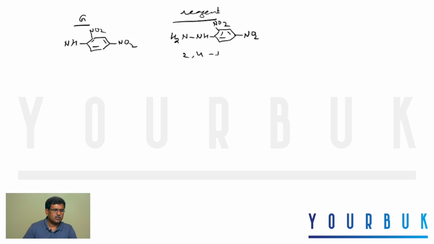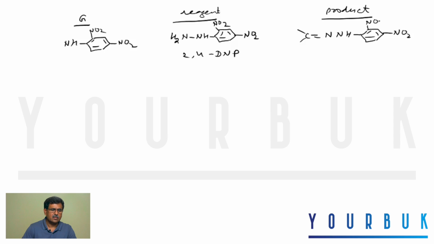Its short form is 2,4-DNP, with which the product obtained is a yellow or orange precipitate. And this formation of a yellow or orange precipitate is used as a test for the carbonyl group.